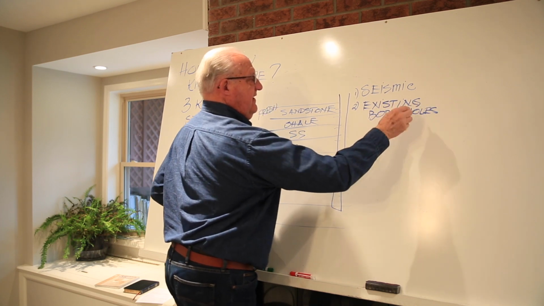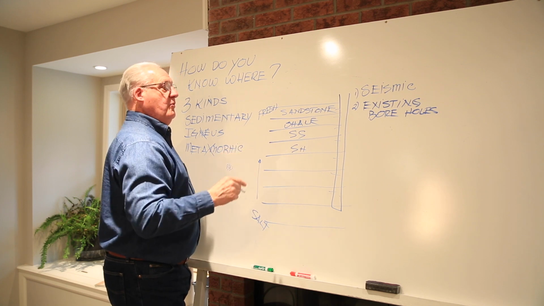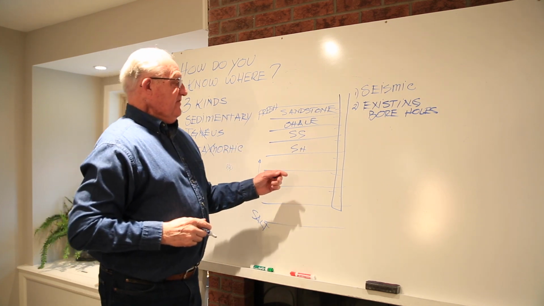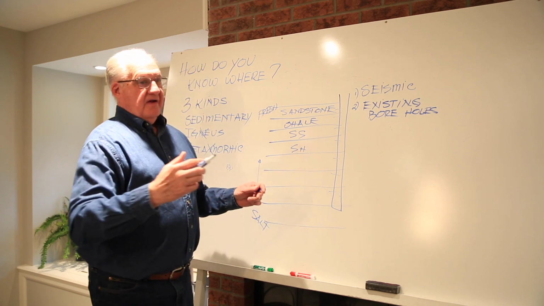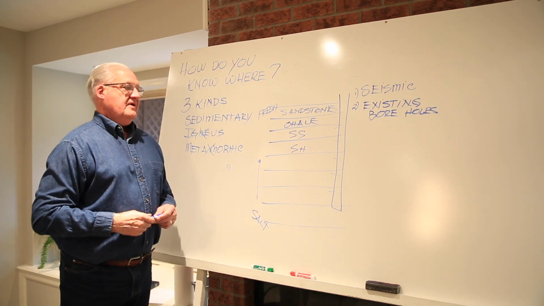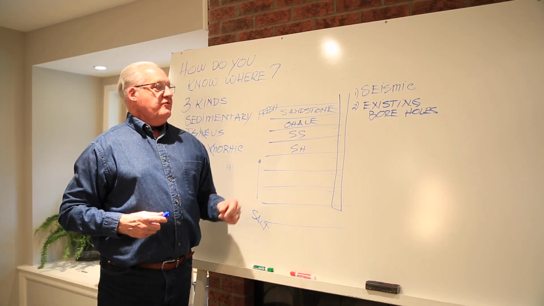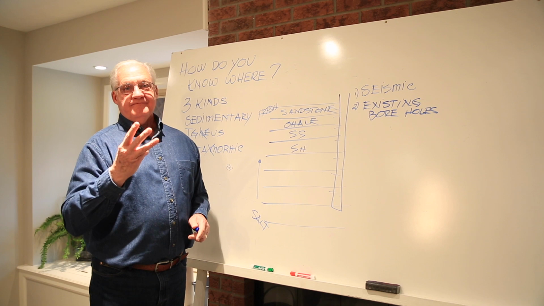If you know what's in an existing borehole, now you know what's down there. So here's a possibility. Suppose you have a square mile of lease that you own, and you've drilled 3 holes.